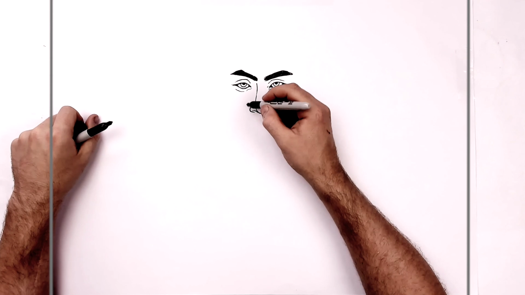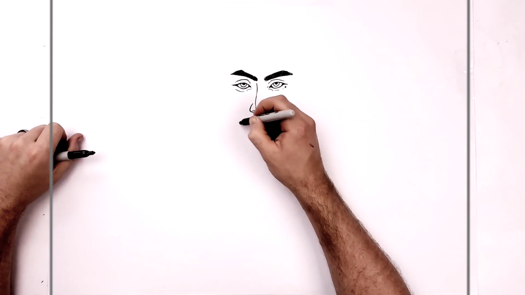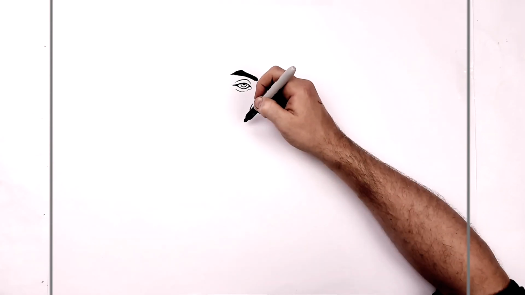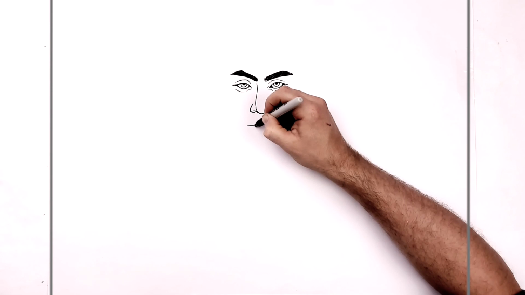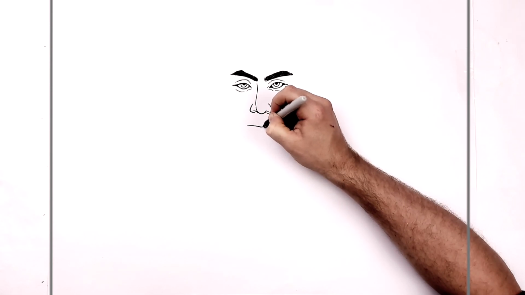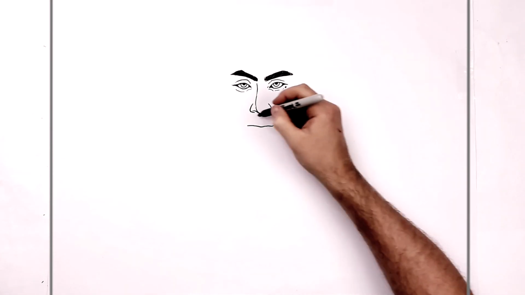Right, so then we go down and do his mouth. So typical sort of mouth here. So we go center line across, down, back up, down to here.